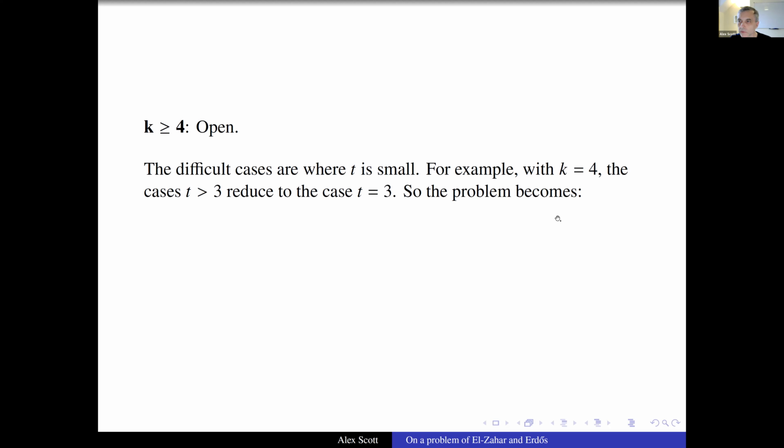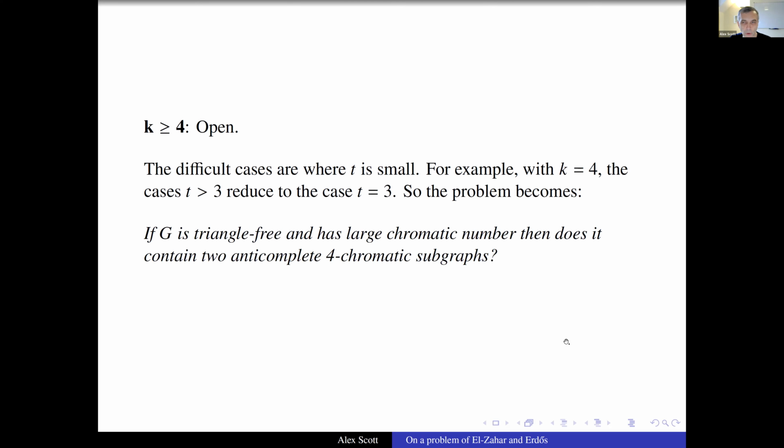So actually for K equals 4, the only open case, and all the problem is in, if you have a triangle-free graph with a large chromatic number, then does it contain 2 anti-complete subgraphs with chromatic number 4? Okay, so that's what you need to do for the K equals 4 case. Okay, but that appears to be difficult and interesting.